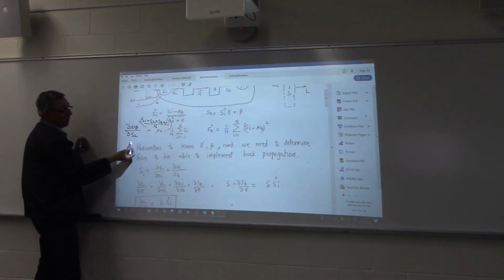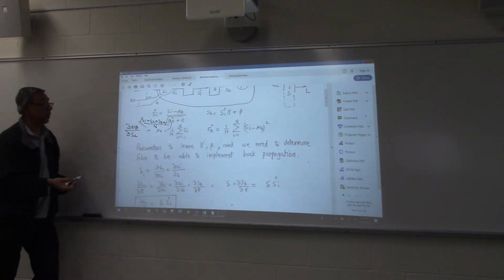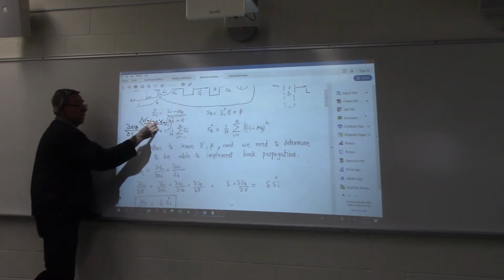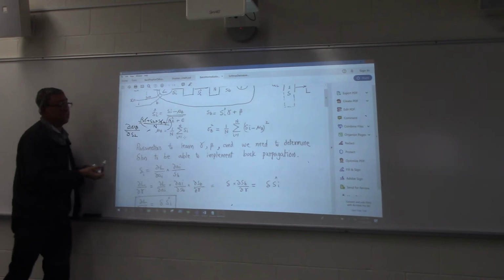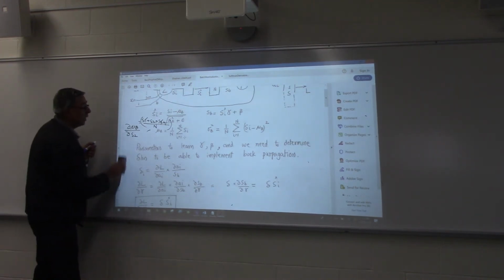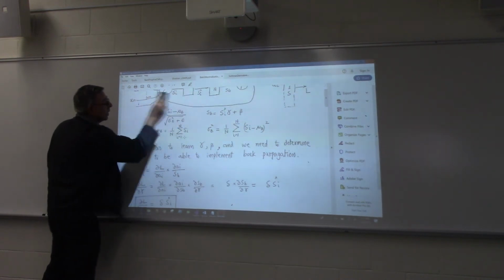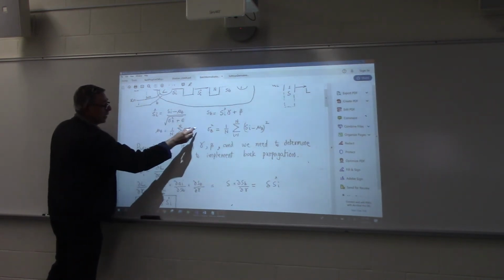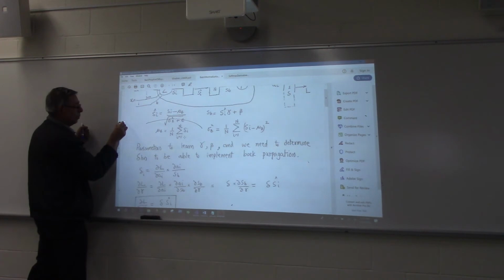Now it's easy to see that if I did partial by S2, these all disappear, and with respect to S2 it's just 1. So the answer is 1 over n. Let me ask you another question. Can you tell me what will be partial mu square B over partial mu B?